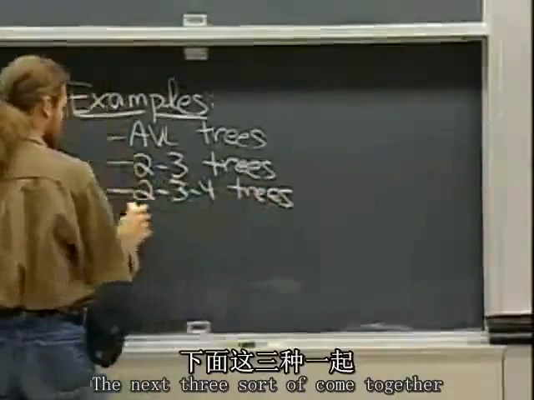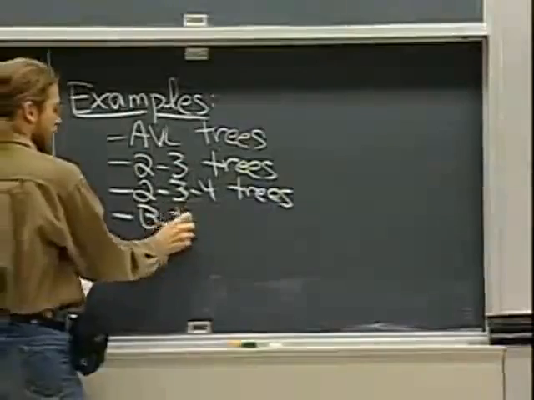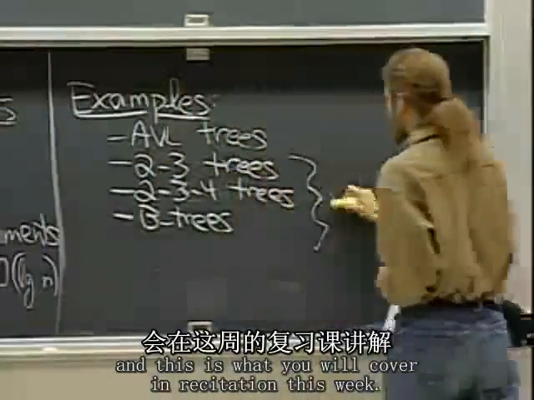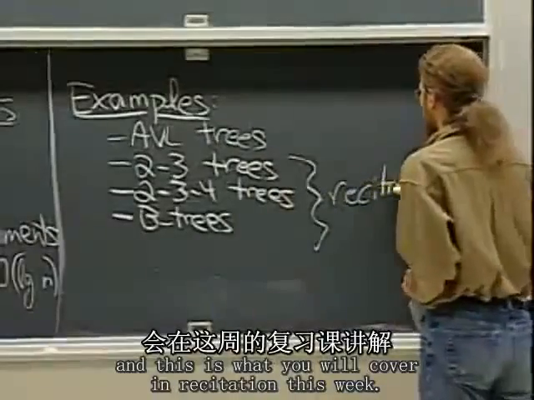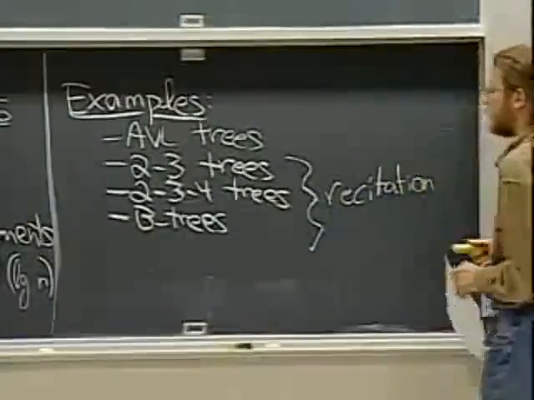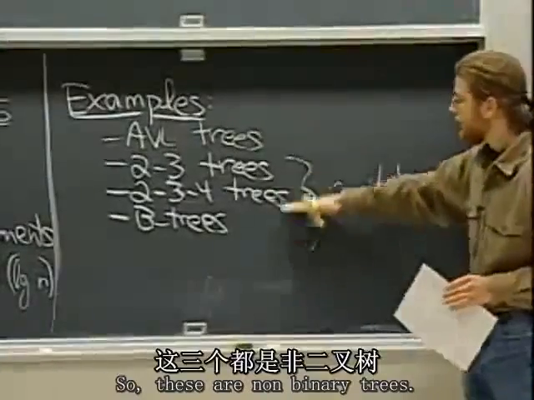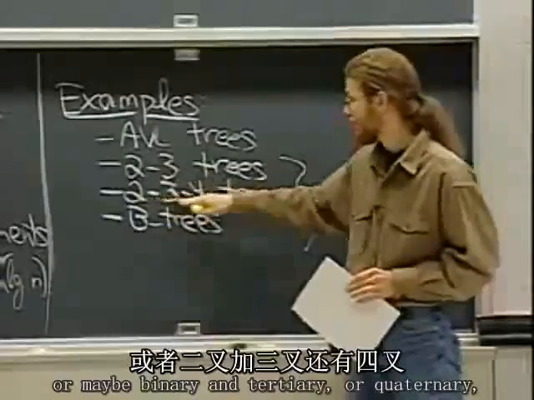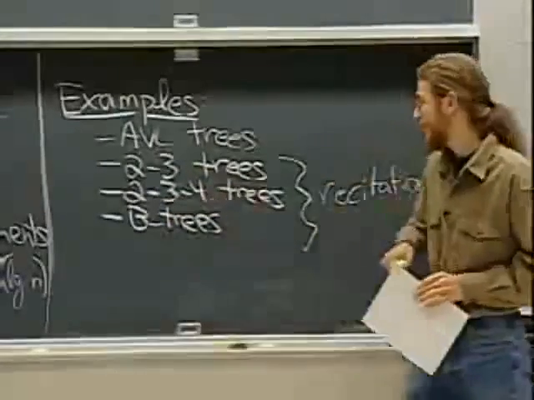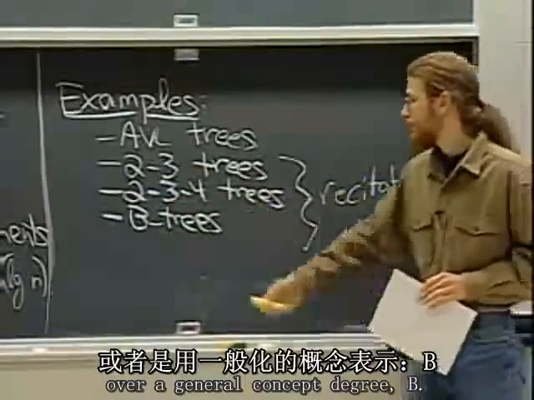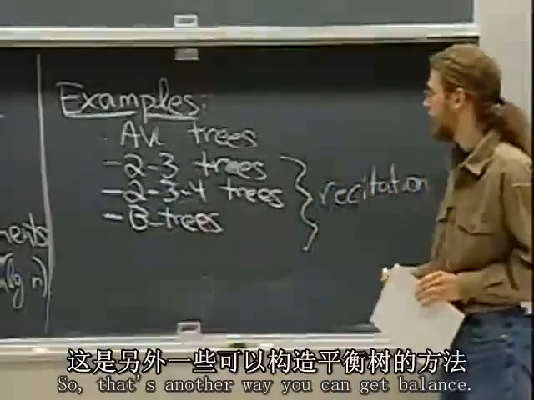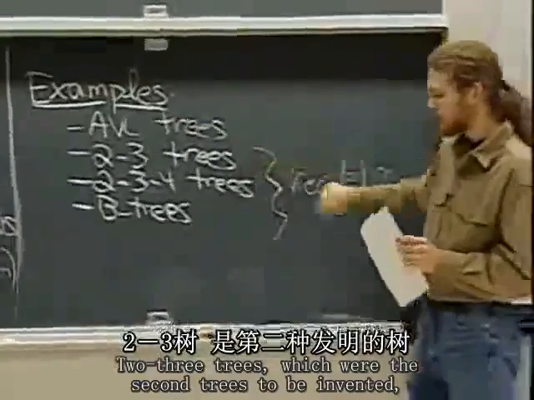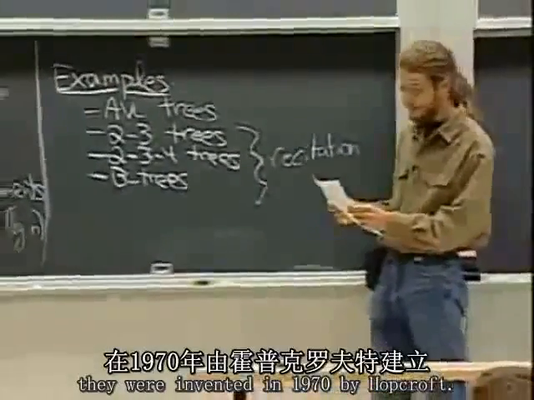The next three sort of come together, and this is what you'll cover in recitation this week. These are non-binary trees. Instead of binary, we have maybe binary and tertiary or quaternary, or a general constant degree B. So that's another way you can get balance. 2-3 trees were sort of the second trees to be invented. They were invented in 1970 by Hopcroft.